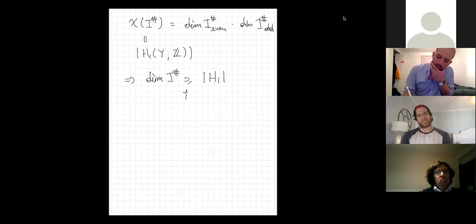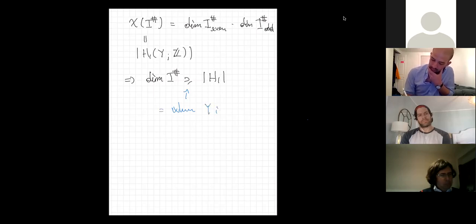and when the equality holds, we say that Y is an instanton L space.